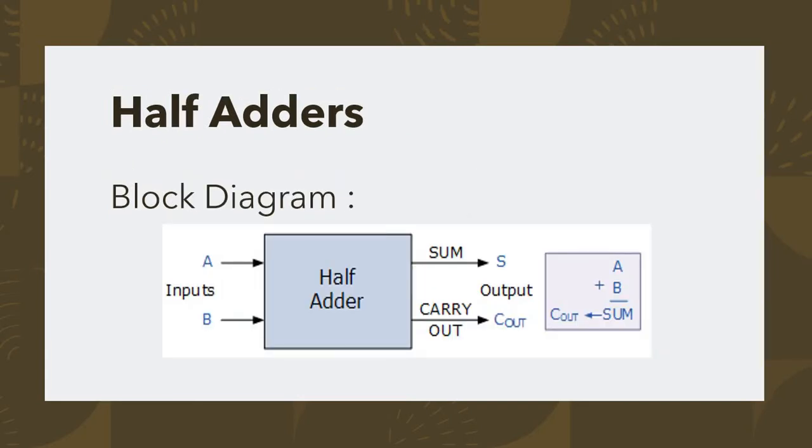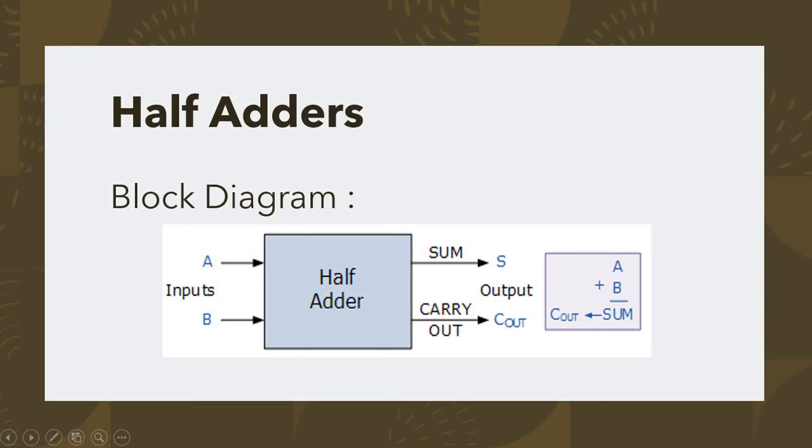This is now the block diagram of the half adder. You have inputs A and B, wherein the values of your A and B could either be ones or zeros. Here you have two outputs. The output is the sum. If you're going to add 2 bits, the result will come up in the sum section, and if there are carries, it will go out in the carry output or the C output.